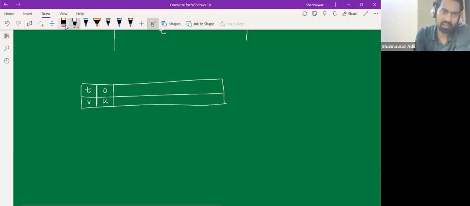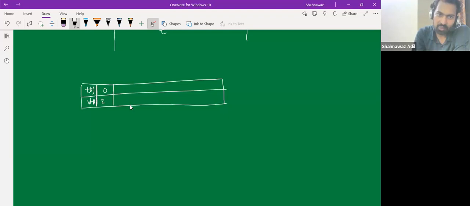Or let me write some numbers: v is 2 meters per second at t = 0. At t = 1 second, v is 4. At t = 2 seconds, it is 6. At t = 3 seconds, it is 8. At t = 4 it is 10, and at t = 5 it is 12.